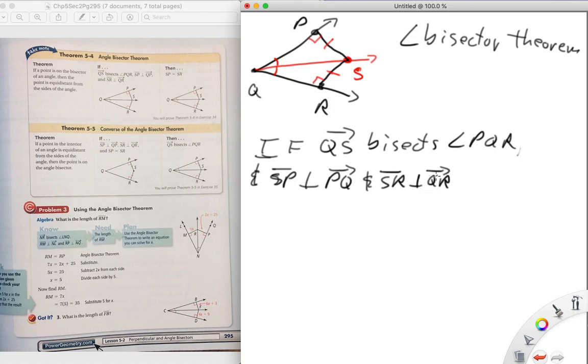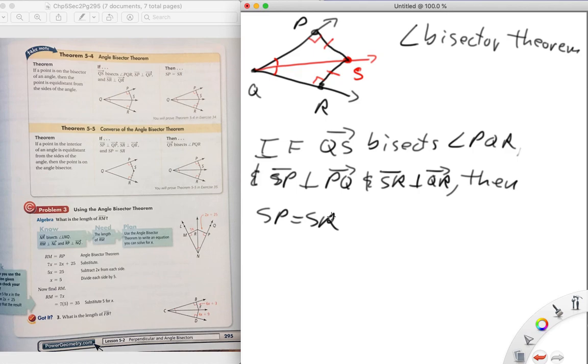Notice it says the ray QR and the ray PQ. Then I can say that SP is equal to SR. If I know that they're perpendicular, and I know it cuts the angle in half, then I know that those two segments are equal to each other. It's the shortest distance, right? And I know it's the shortest distance because it's perpendicular. Okay? That's the angle bisector theorem.